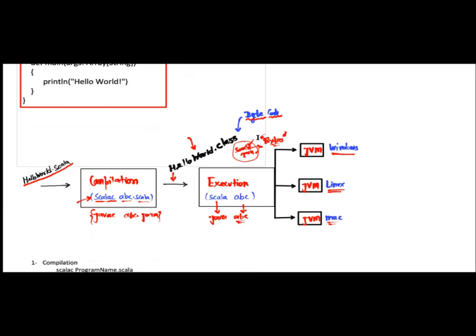It will convert your code into bytecode, and that bytecode will use the respective JVM. If you are using Windows, it will use the JVM on that machine. If you are using a Mac like I am, it would use the JVM on my machine, and it will execute the bytecode into executable code.